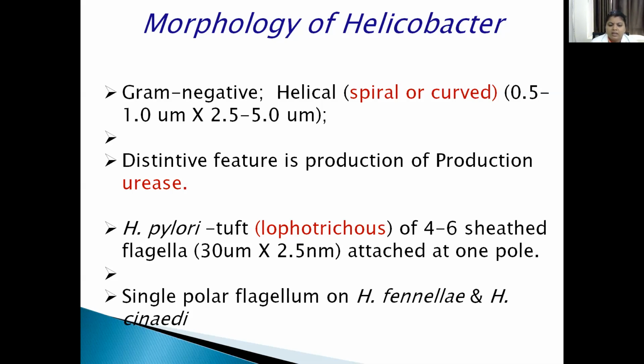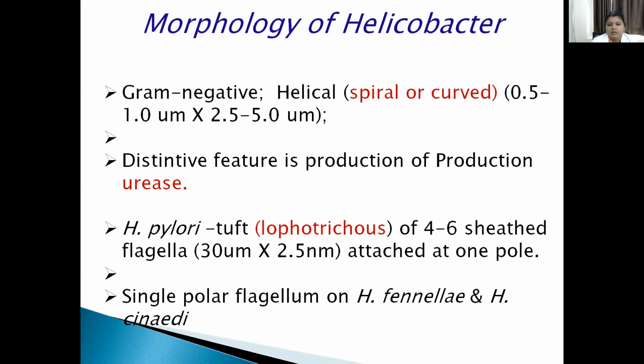It has a tuft of 4 to 6 sheathed flagella attached at one pole only. A single polar flagellum is seen in fennelliae and cinaedi. These are oxidase and catalase positive, and also produce phosphatase and esterase along with urease.